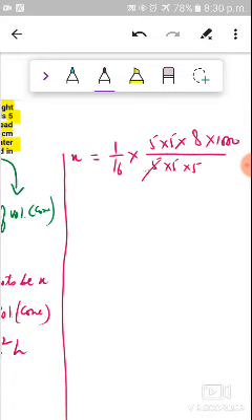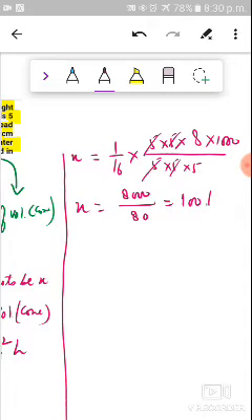Okay, so this 5 is cancelled by this 5, this 5 is cancelled by this 5. Okay, and so x is equal to 8 into 1000 is 8000, and 16 5s are 80, right? So this is 100. So there are 100 lead shots.